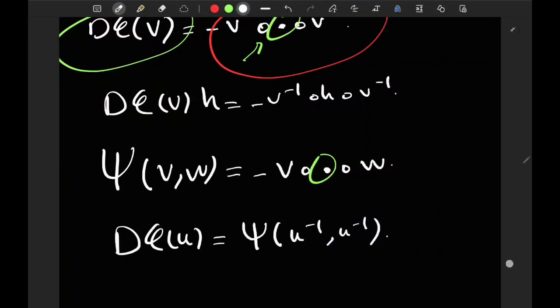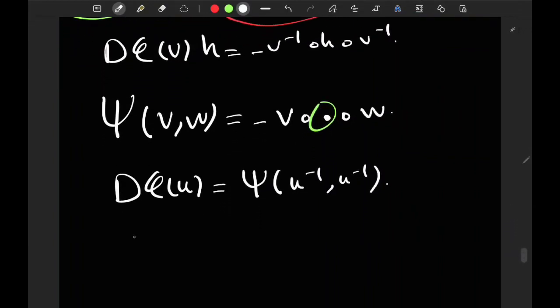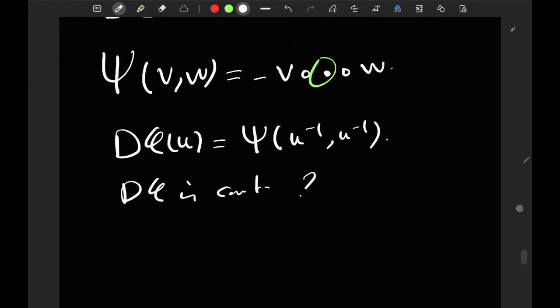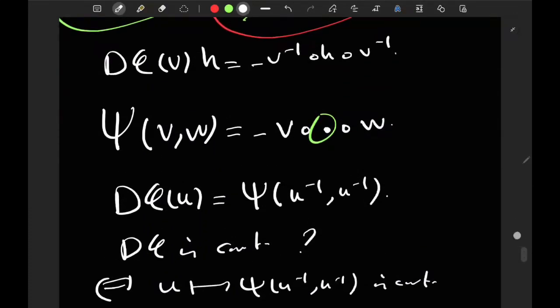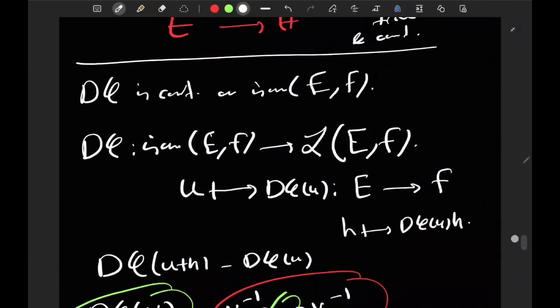And to prove that dφ is continuous amounts to showing that the map U maps to ψ of U inverse is continuous. And this is a bit easier to do.